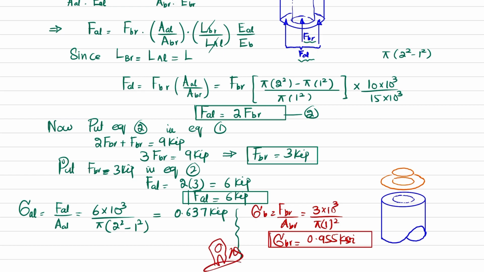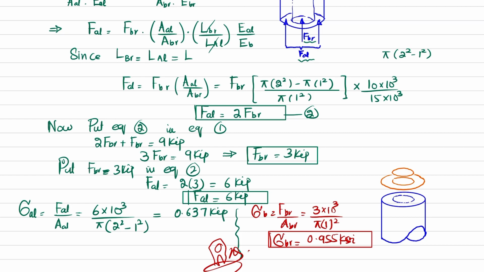Now if you want to represent this on the element, you can see this is the aluminum post, and this is the brass post. If I project this area over the above, we can see that this stress is compressive.